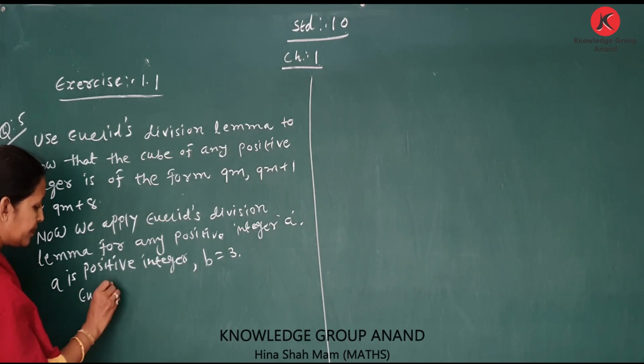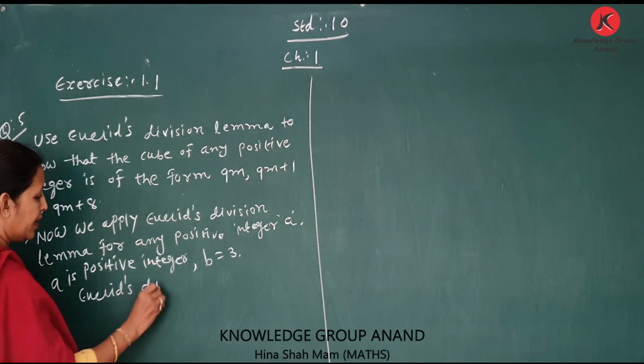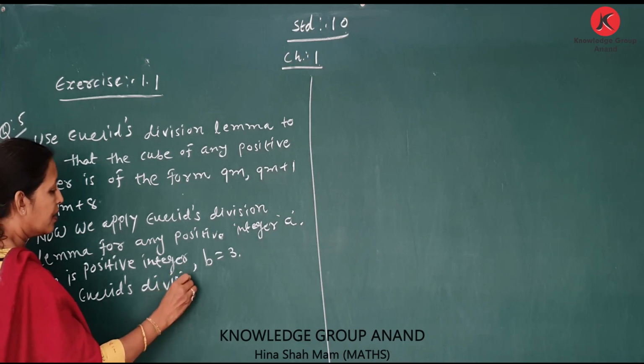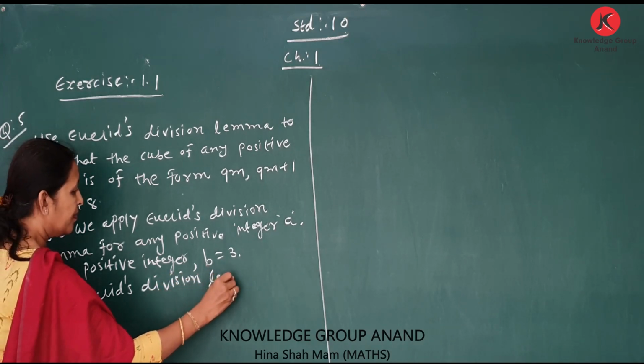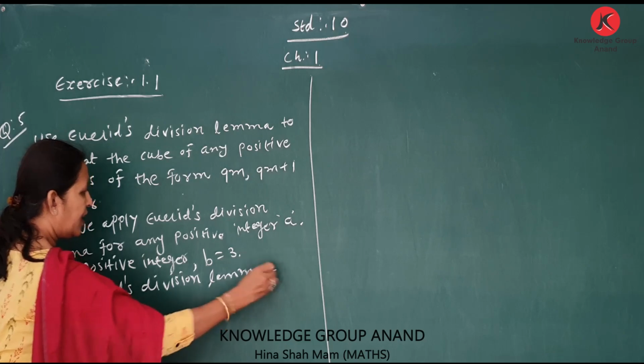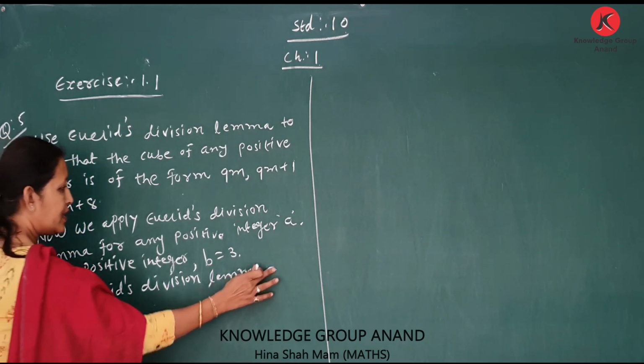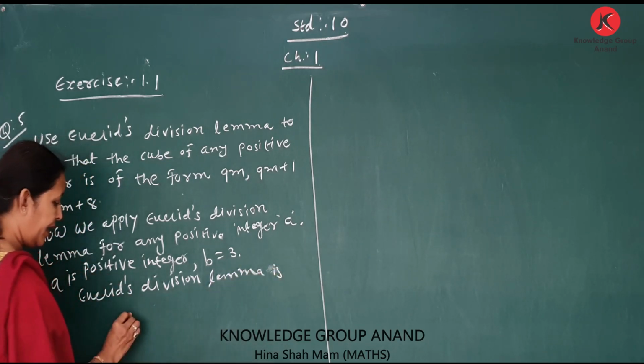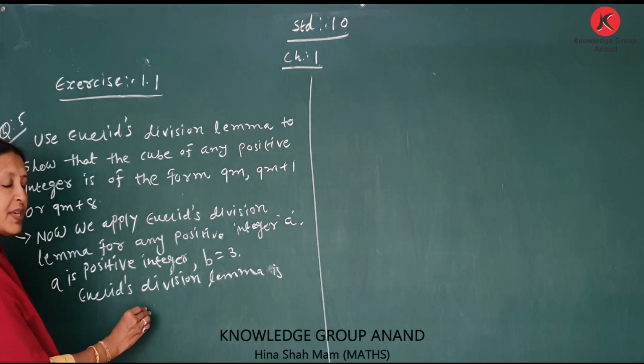So, we take B is equal to 3. Euclid's division lemma: what is our division lemma?